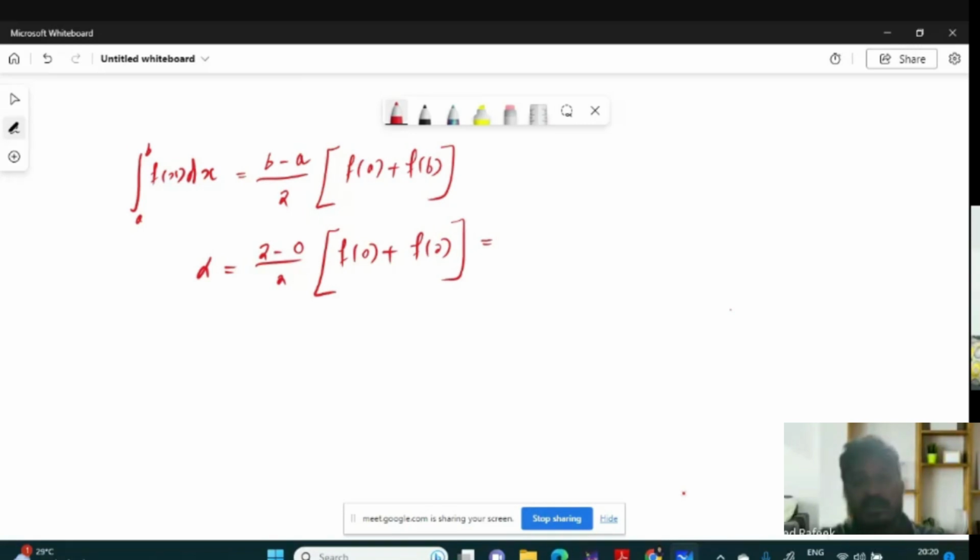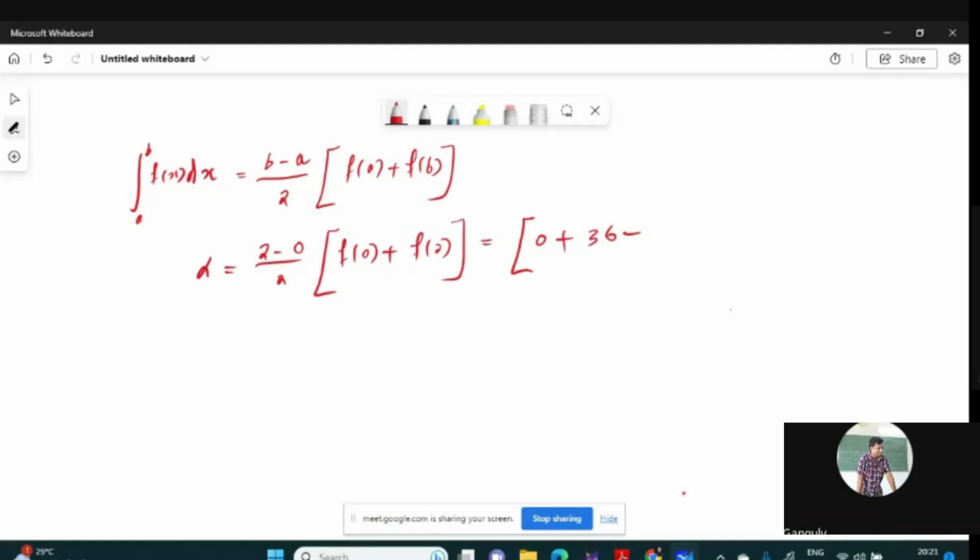So f of 0 becomes 0. F of 2: 9 into 2 square is 36, minus 5c x raised to 4, 5c into 16, 16 into 5, 80c.